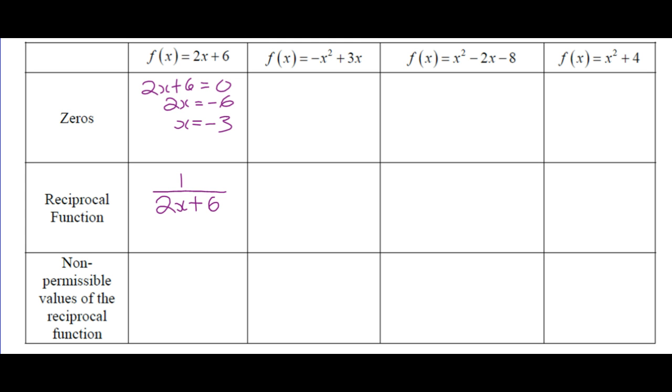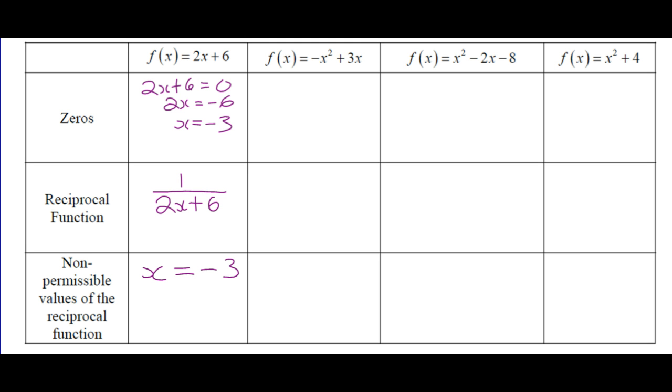So the reciprocal function is just 1 over. Now, what are the non-permissible values of the reciprocal? Negative 3, right? Because negative 3 is the value that makes the original function 0, and if the original function is 0, then it's in the denominator of the reciprocal function, and we know that it can't be 0, so the non-permissible value is x is equal to -3.